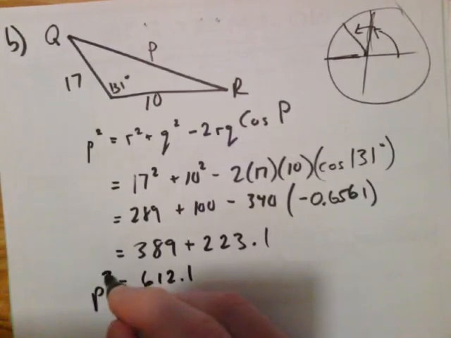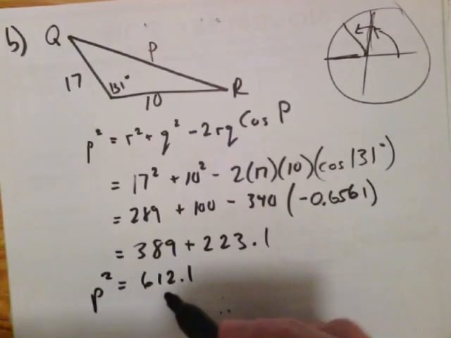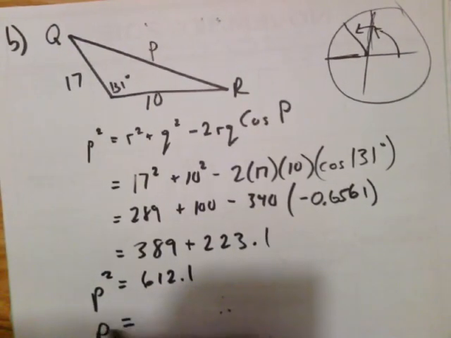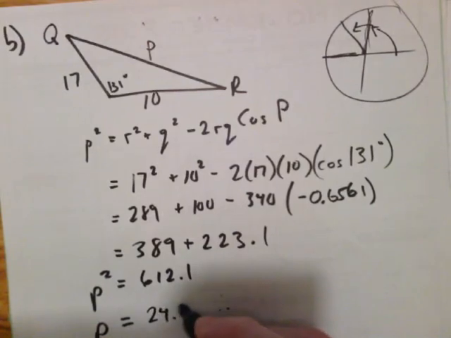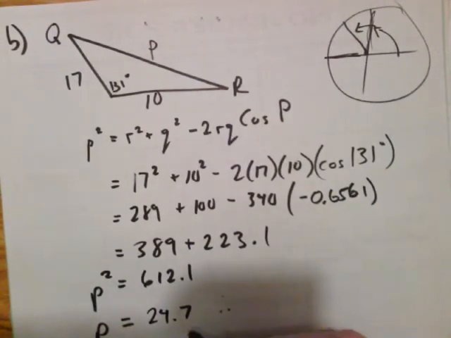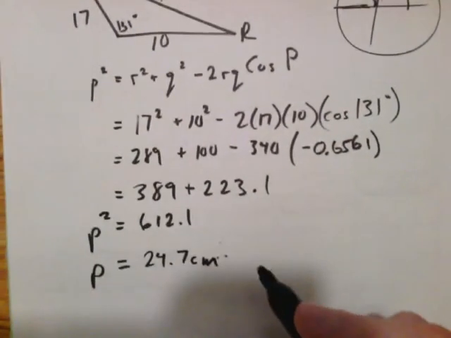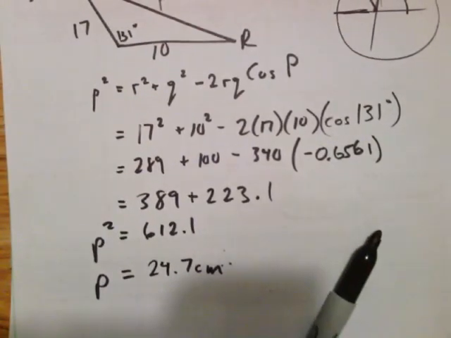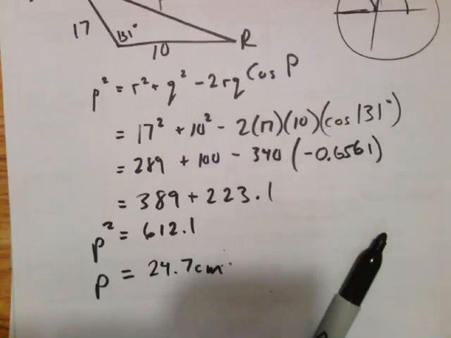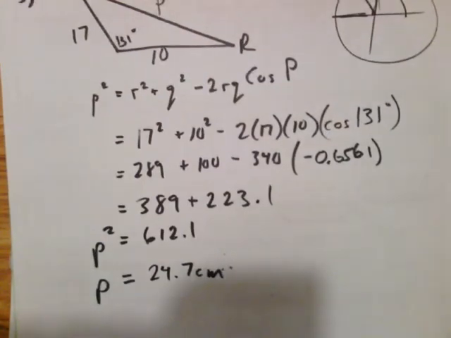That is P squared. So P equals the root of that, which is 24.7 centimeters. Hopefully this is making sense. Like I said, we're plugging and playing. Next example.